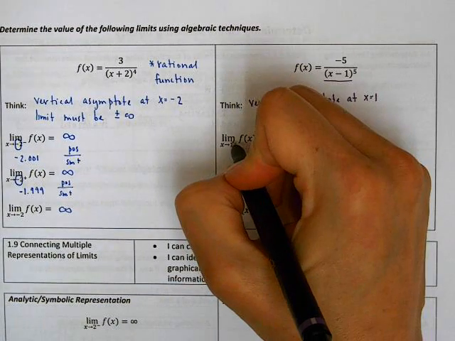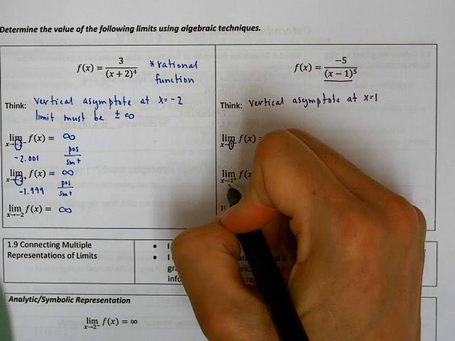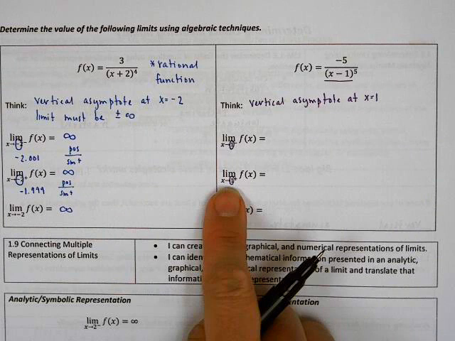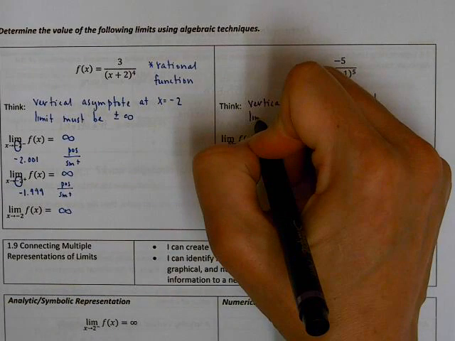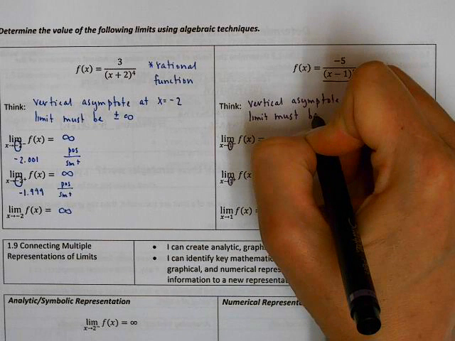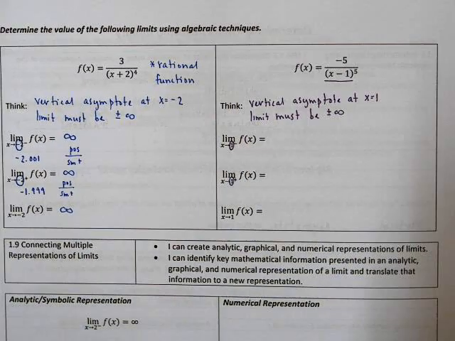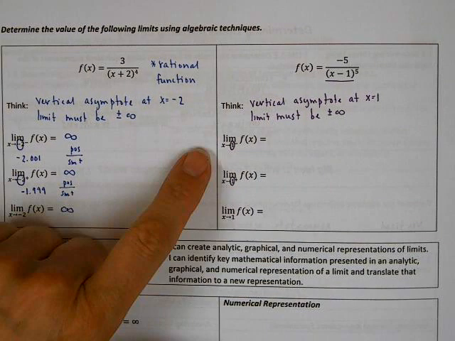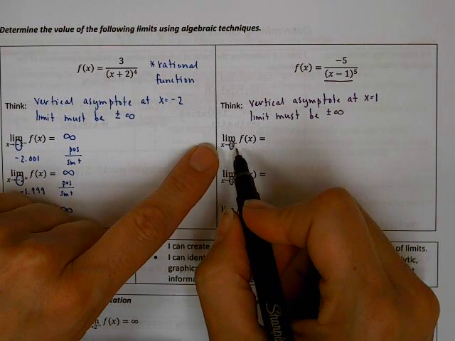And again, when I look here, I see, well, I'm evaluating all of these limits at x equals 1, so the limit must be positive or negative infinity, because that asymptote is going to force that kind of behavior. So let's take a look. Again, we can do some analysis here.